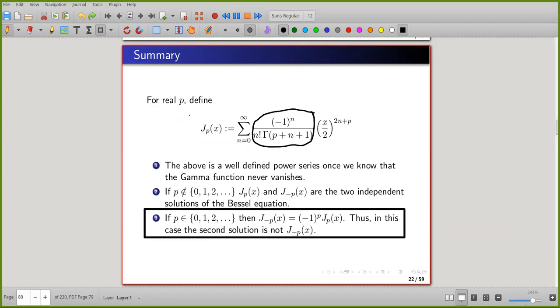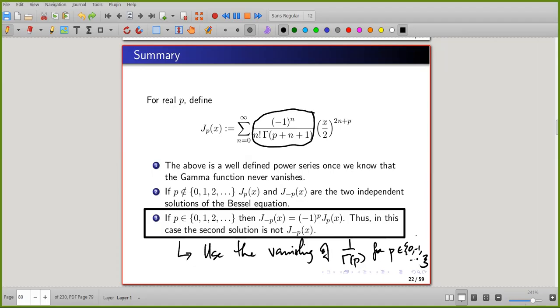To do it, you have to use the vanishing of 1 upon gamma of p for p belonging to 0, minus 1, and so on.